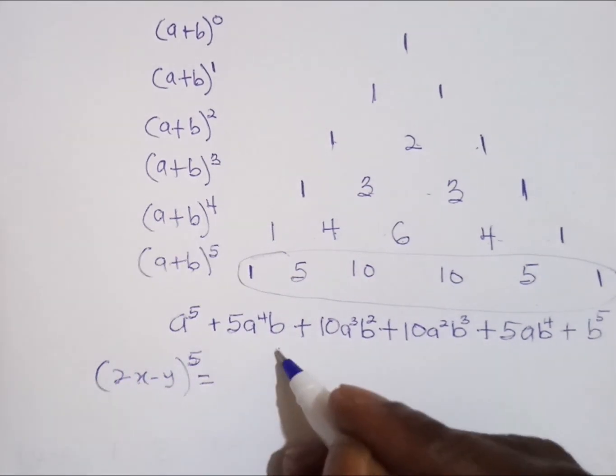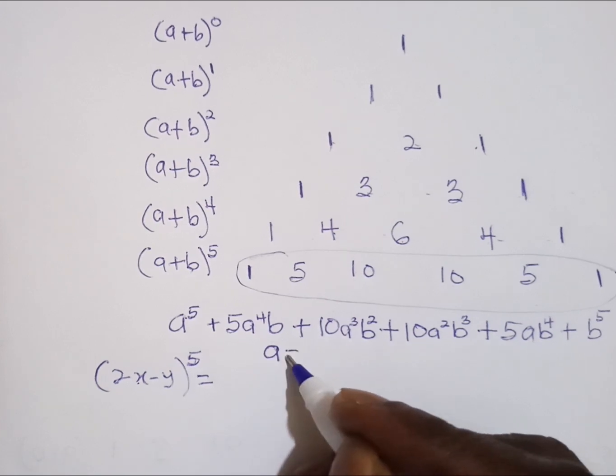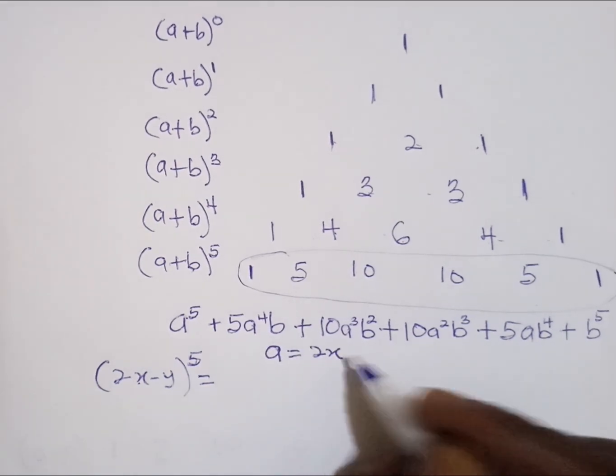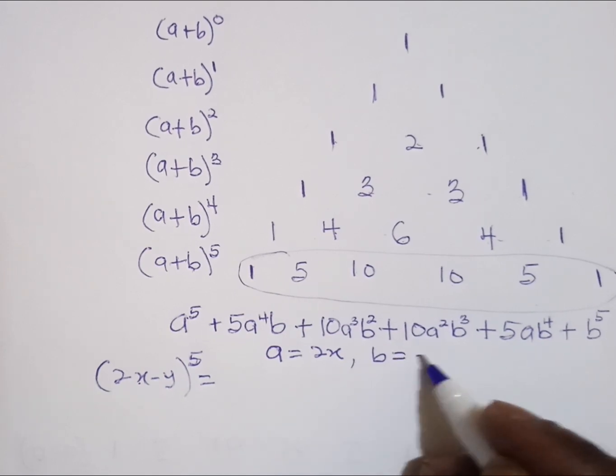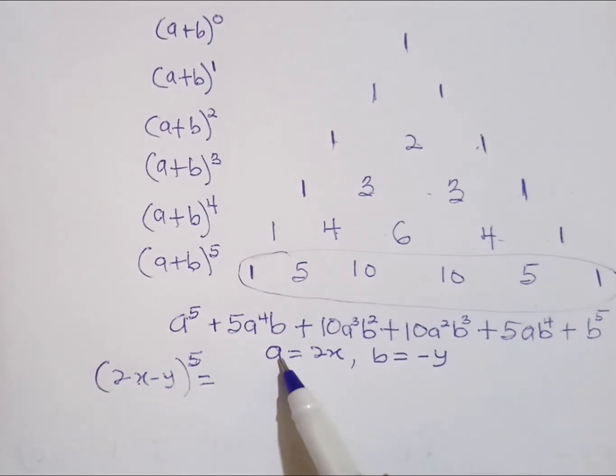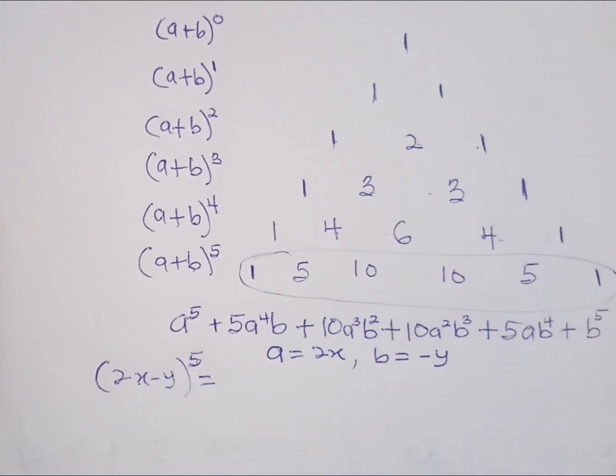So I'm defining mine as a equals 2x, while b equals negative y. Once I have been able to define my terms, then I can go ahead and do the substitution. Then I get my answer perfectly. So if you want to follow this format, that's how it should work. Good.